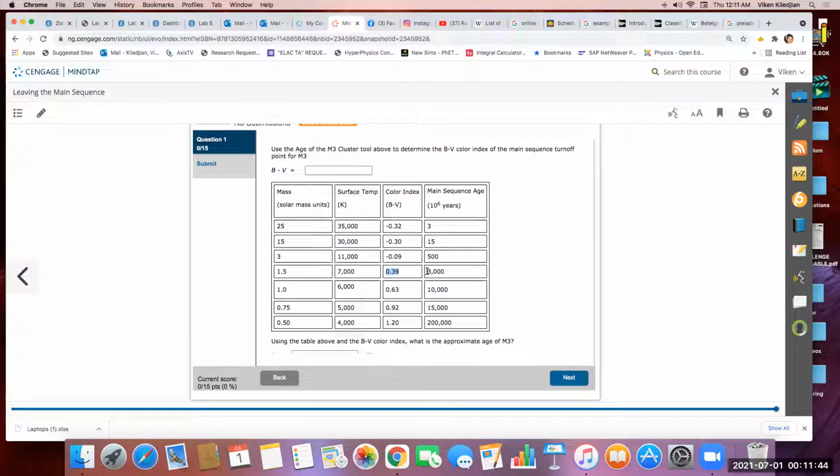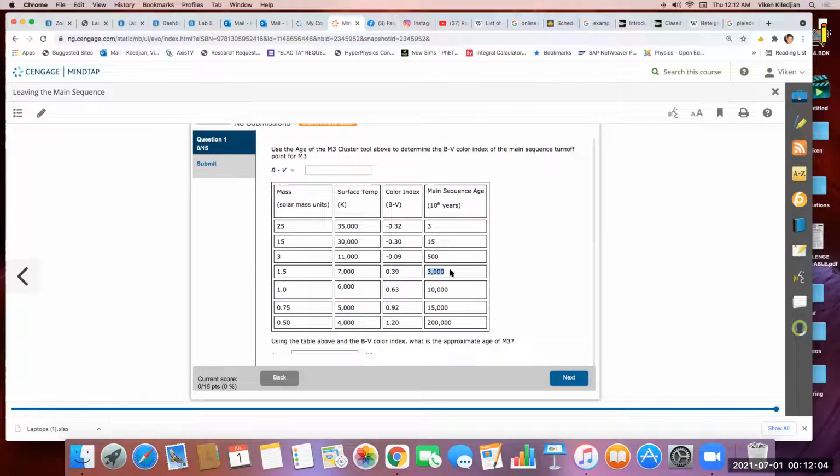So that means the age of the cluster must be the same as the age of that turnoff point star. The cluster was born around the same time as that star, because we know that star is about to die.